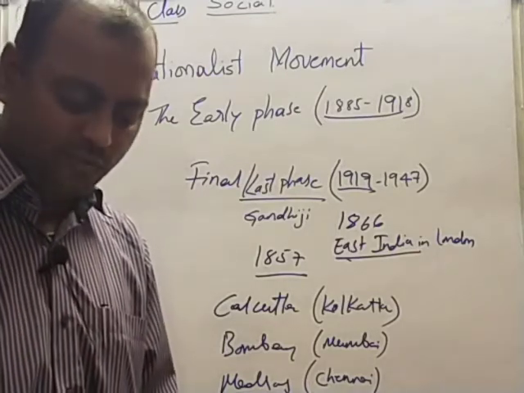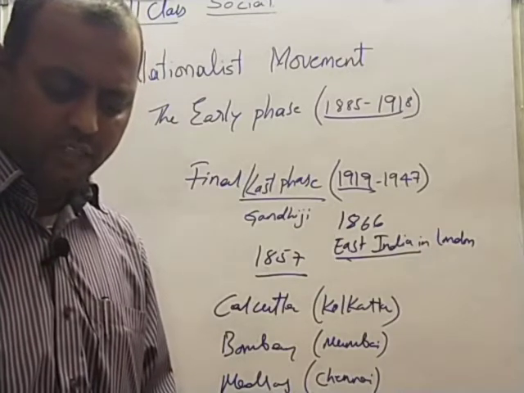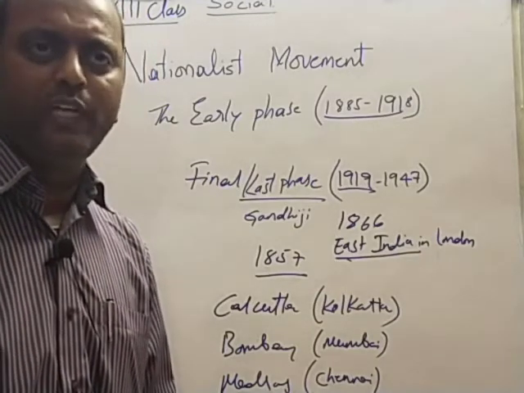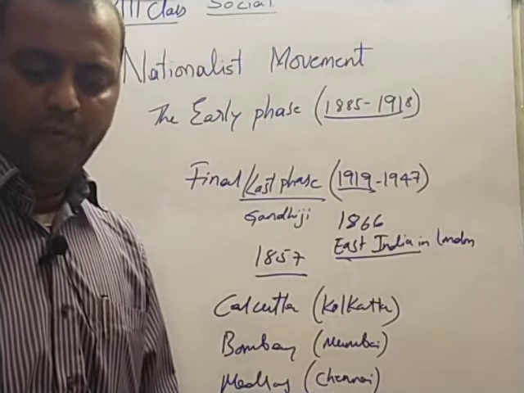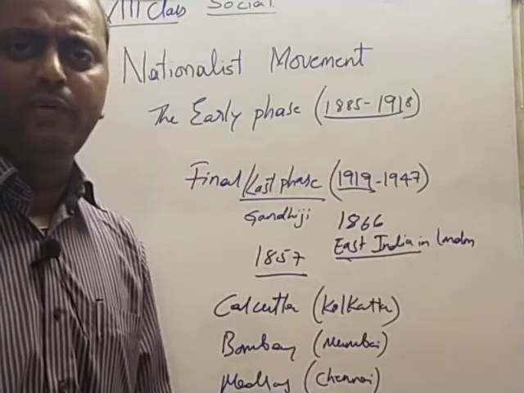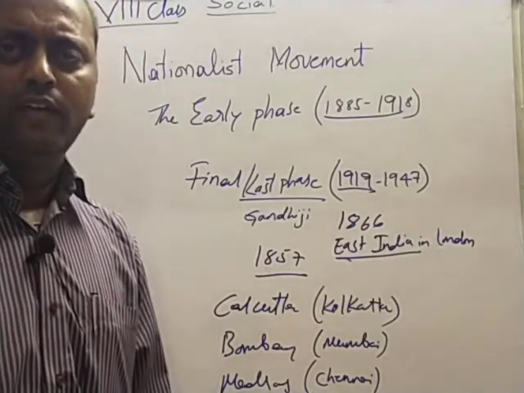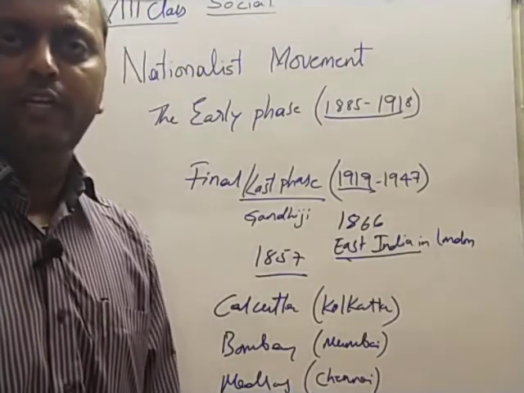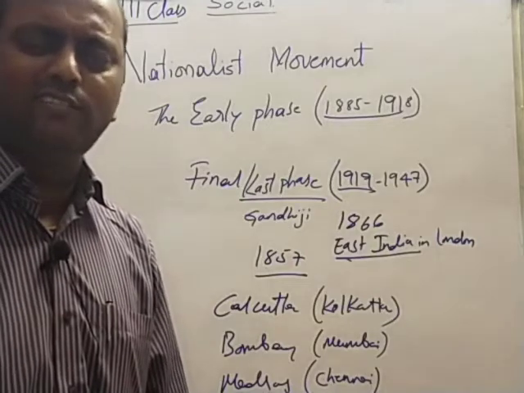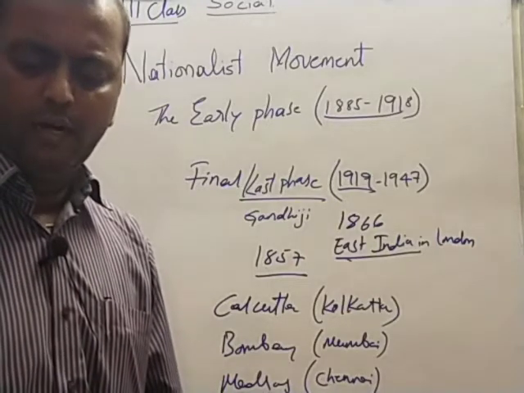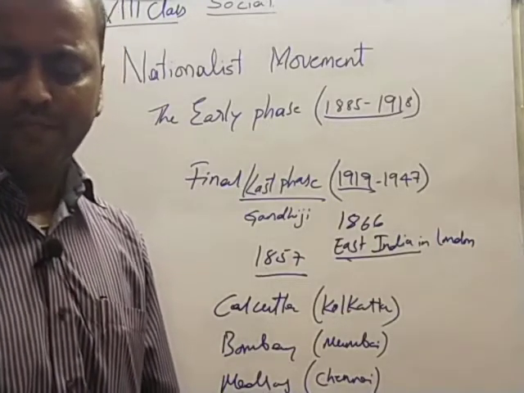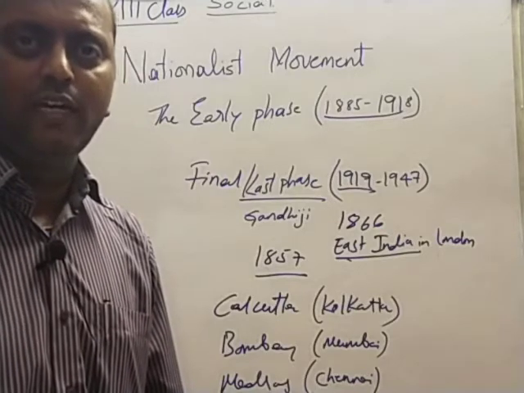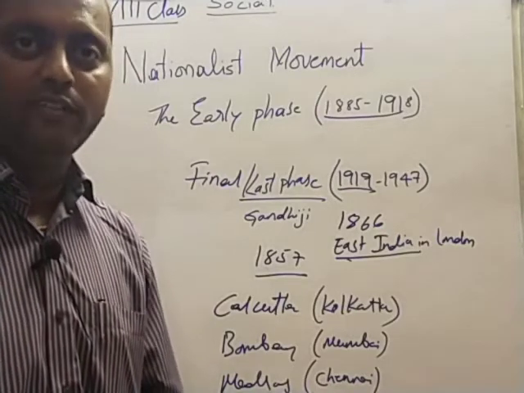He founded the association. And afterwards, various leaders like Surendranath Banerjee, K.C. Telang, Badruddin Tyabji, M.G. Ranade, Subramanyam Iyer organized associations in Calcutta, Pune, Bombay, Madras to discuss the problems faced by the farmers in their provinces.